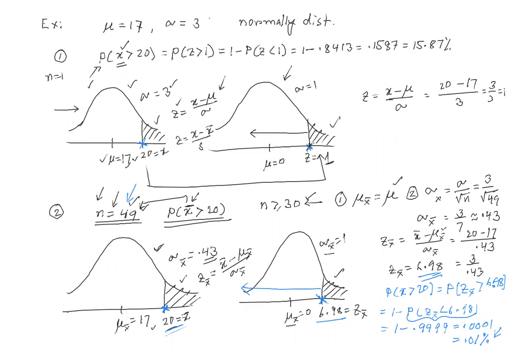Now, the other scenario, let's consider it to be scenario number 3. What if your sample size n is 16? Obviously n is less than 30, so you cannot directly apply the central limit theorem.